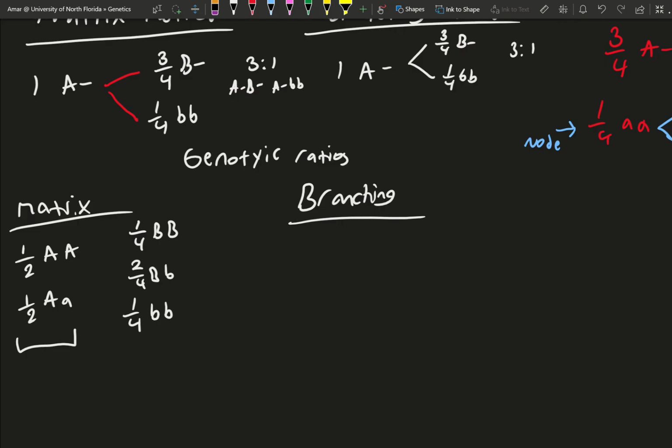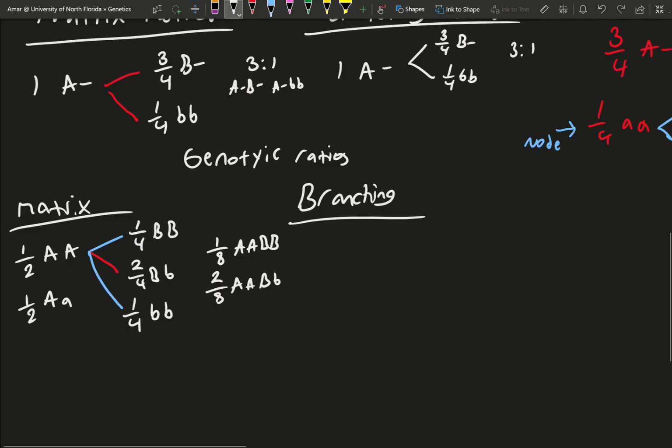So right now we're going to multiply across. So big A, big B, we would have a 1/8 probability. Then we're going to do big A with big B, little b. 2/8 big A, big B, little b. And then we're going to do 1/8 big A, little b.